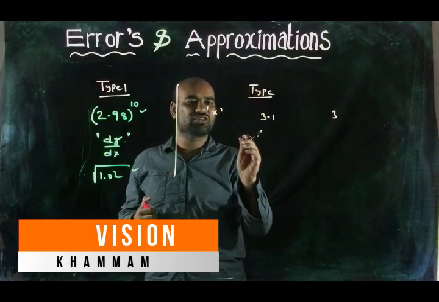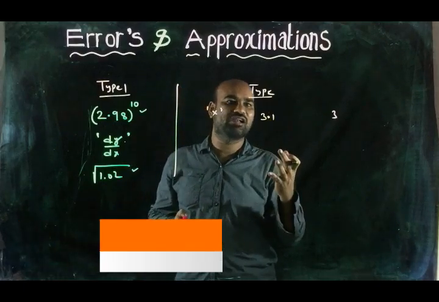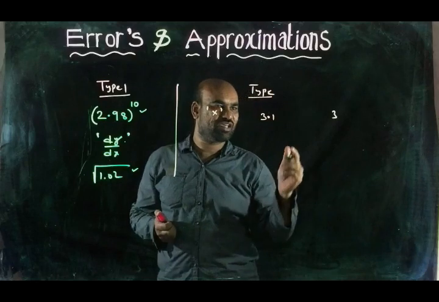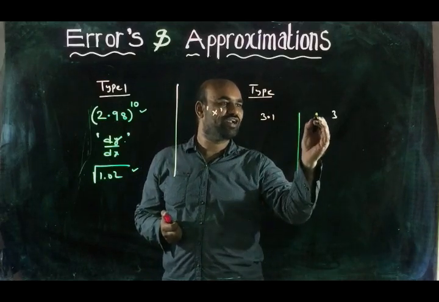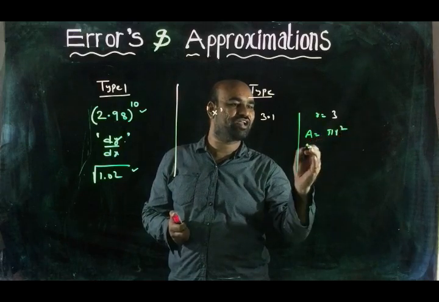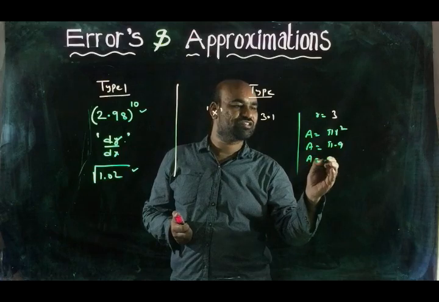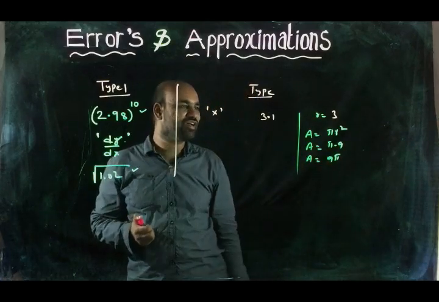So in this situation, we want to find what is the error he made while measuring it. If the radius is 3, area becomes pi into 9. You can say 9 pi is the area of the circle.